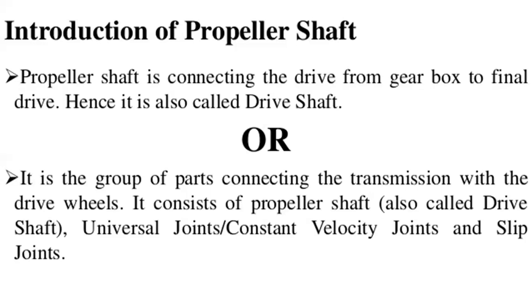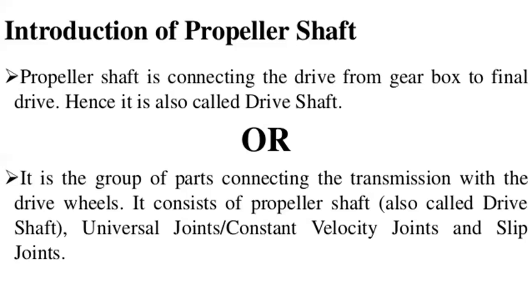Then the power should be transmitted to the front wheels, rear wheels, four wheel drive, or individual wheel drives. This transmission system consists of the propeller shaft, also called the drive shaft.